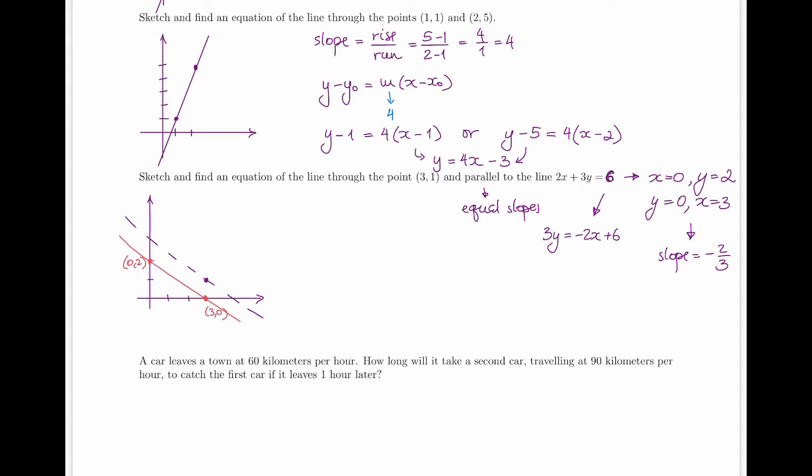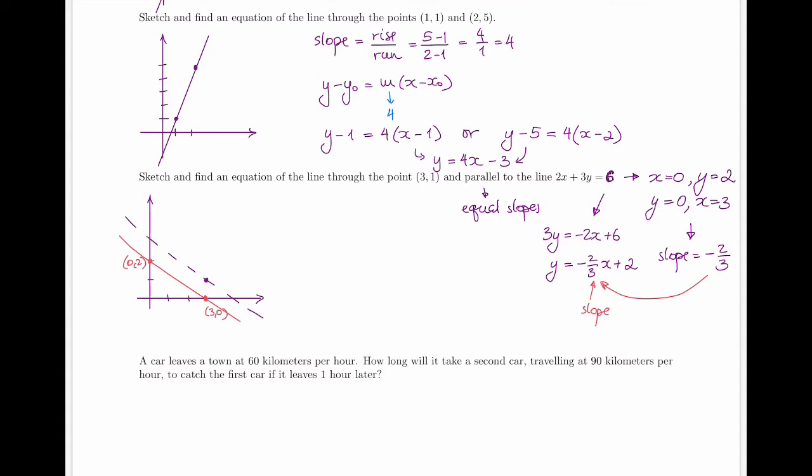Then I solve for y, which means I divide everything by 3: y equals minus 2/3 x plus 2. This is now the slope-intercept form of this equation, and I can easily see that my slope is the coefficient in front of x, which is minus 2/3. So both of my calculations resulted in the same slope, which is great news.